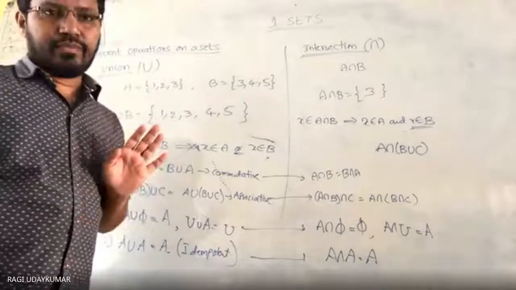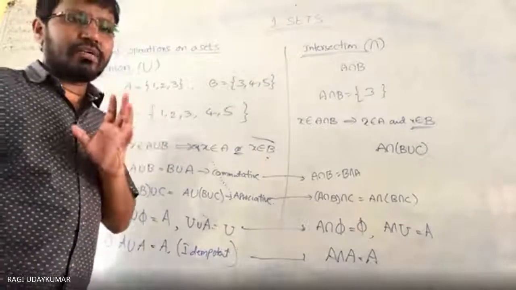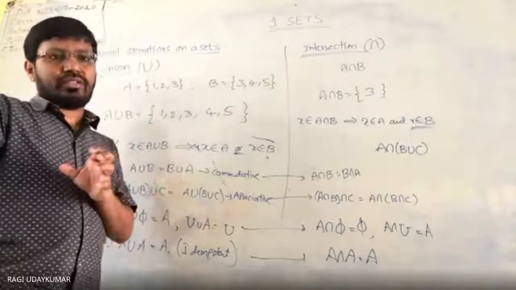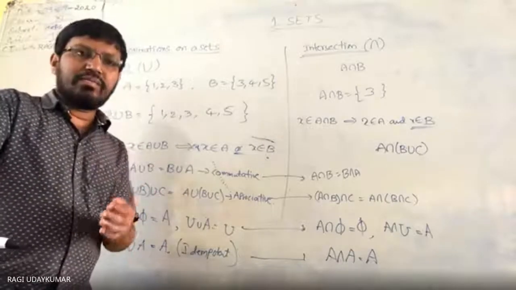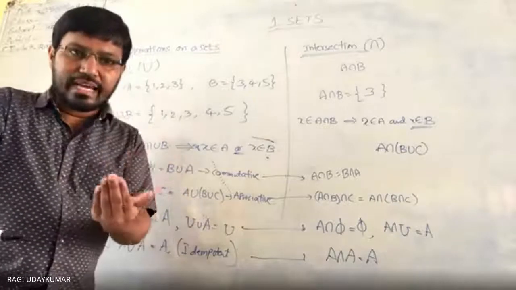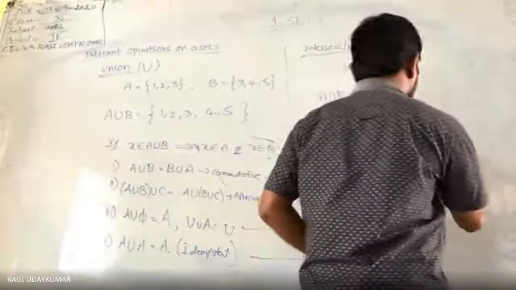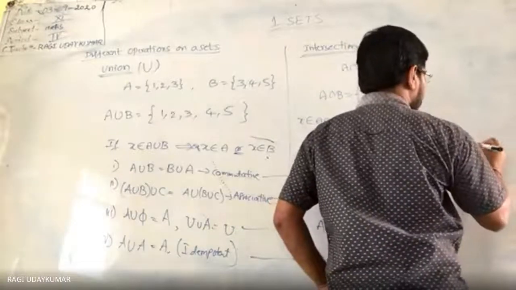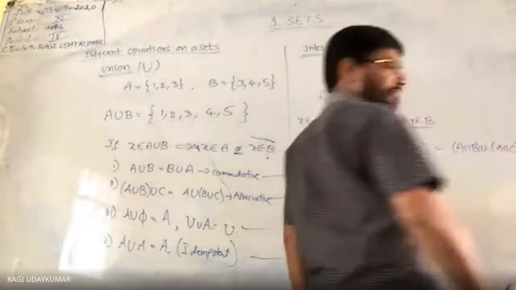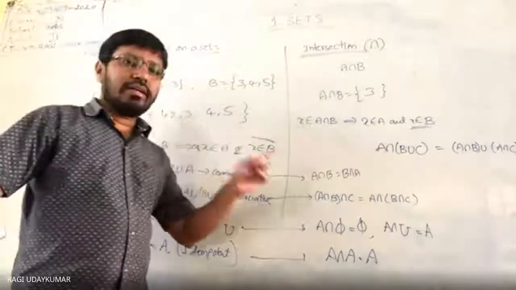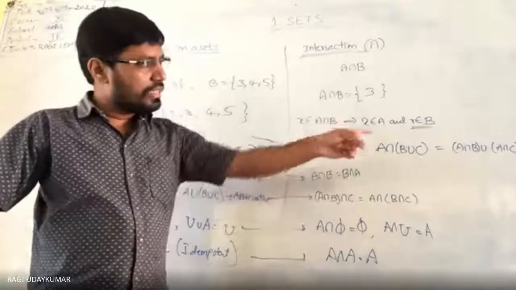A intersection B union C is equal to A intersection B union A intersection C, which is called the distributive law.